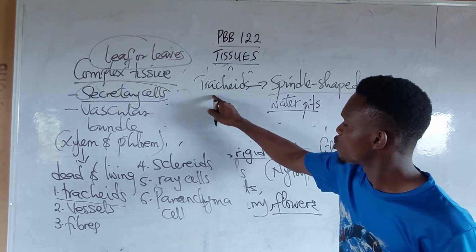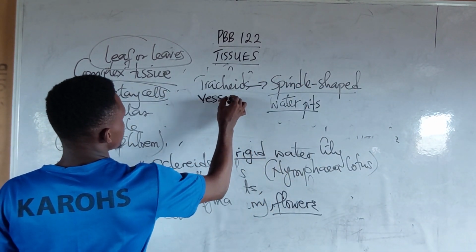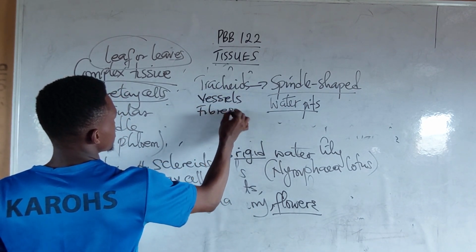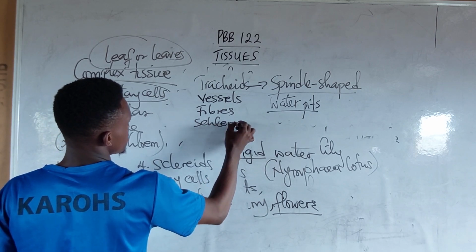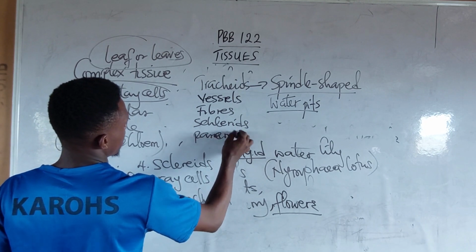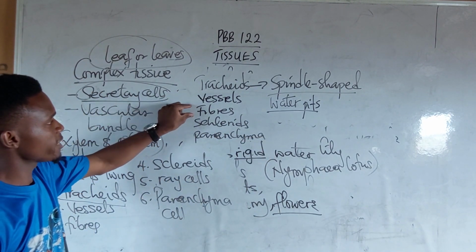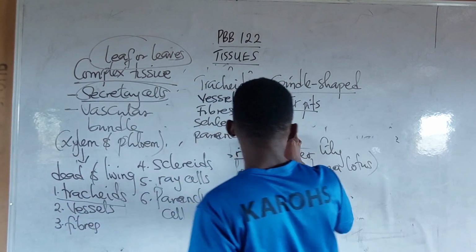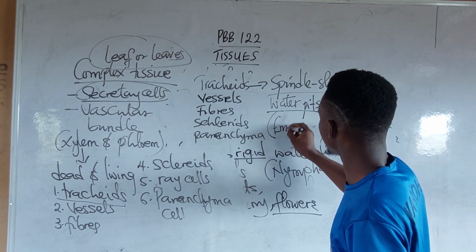So please, tracheids, vessels, fibers, sclerics, and parenchymal cells are all called empty water conducting cells.